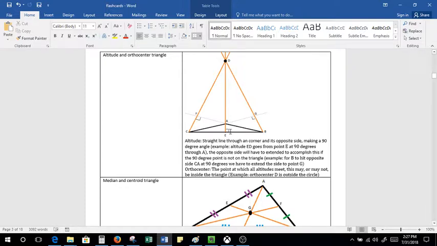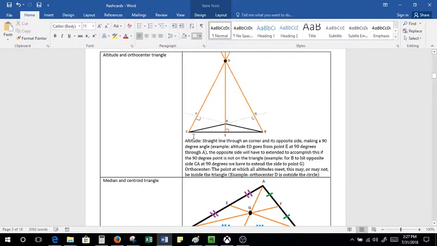So this is where altitudes get kind of strange. If we go from angle C to hit this side AB at a 90-degree angle, it is impossible. So what we have to do is extend this line out further to BF. Now, coming from point C, we can hit that side at a 90-degree angle.